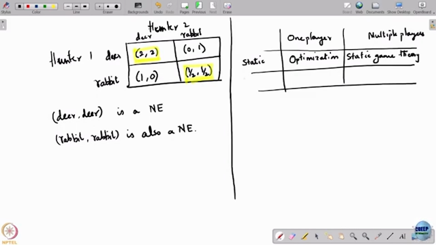On the other hand, if the setting is dynamic, which means that there is either a time evolution or there is an aspect of information and so on, then the one player case is what we know as optimal control, under various names, stochastic optimal control or whatever. And in the case of multiple players, it leads to what is called dynamic game theory.